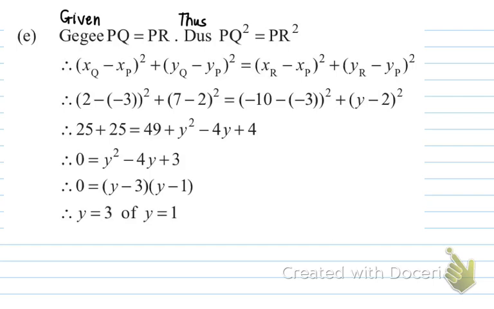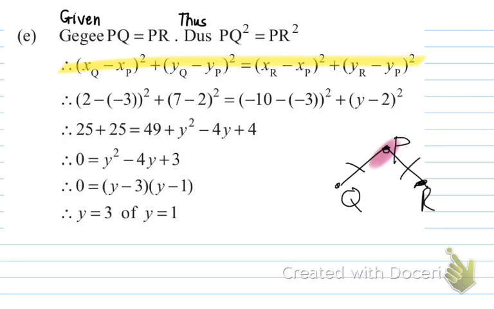Then number E. Given that PQ is equal to PR, that means I have the point P, and then I have a Q and an R that are equal in distance from point P. So what I do is I put the formulas for the distance between QP and PR equal, because it is given to me that PQ and PR are equal.